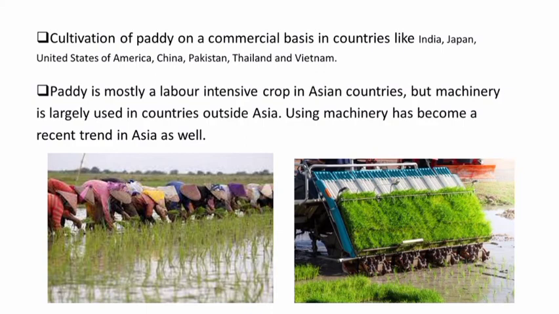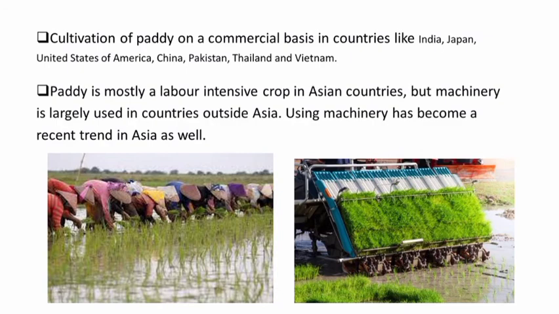Next feature is cultivation of paddy on a commercial basis in countries like India, Japan, United States of America, China, Pakistan, Thailand and Vietnam. Paddy is mostly a labor-intensive crop in Asian countries, but machinery is largely used in countries outside Asia. Using machinery has become a recent trend in Asia as well.